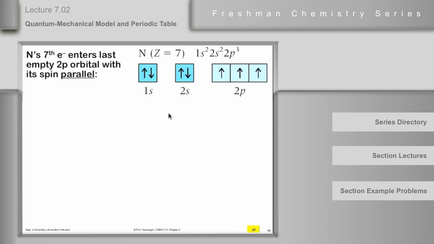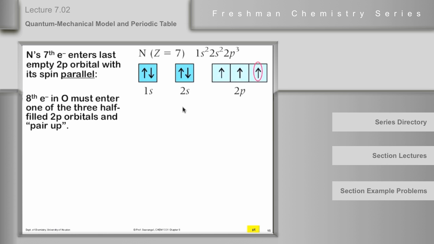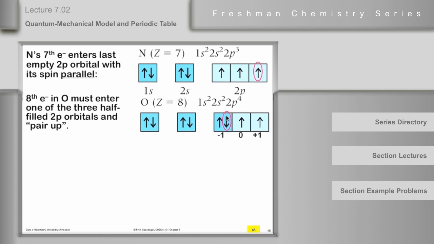Okay, so that's nitrogen. Now we've reached the point where we're going to have to pair up these electrons, right? There's no other way to do it. The next element is Z is equal to 8. That's oxygen. And now what we do is we have to pair up, but we'll go back to the -1 and we'll pair up this one first. By convention, not by energy. Okay? So oxygen is going to have this configuration.